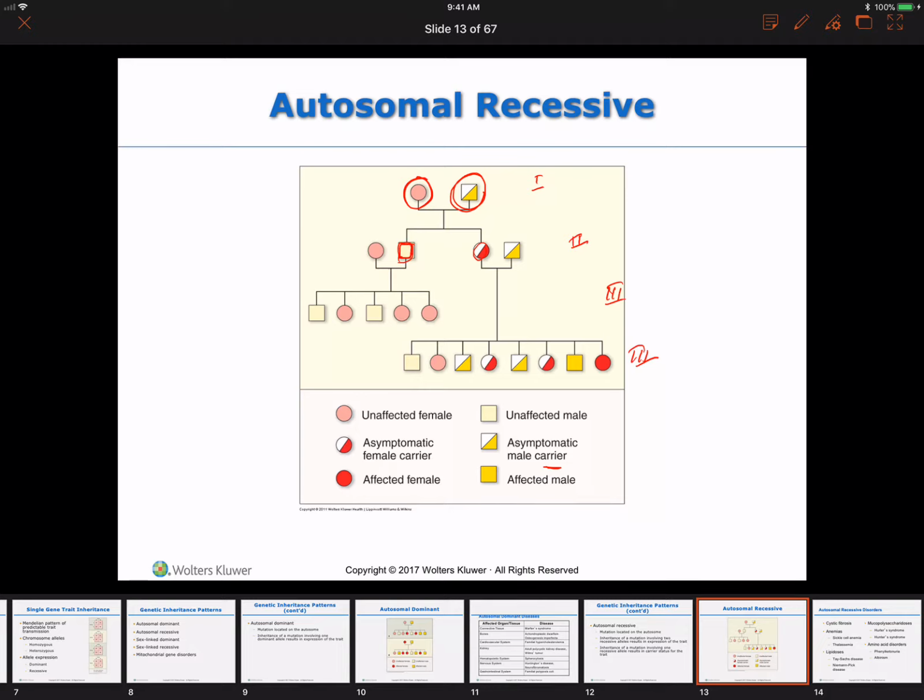The boy marries an unaffected woman, and then they will have normal kids because both of them are unaffected. The carrier woman will marry a carrier man, and then that will result in, again, look at the carrier, carrier, carrier, carrier, affected, affected, and then normal.